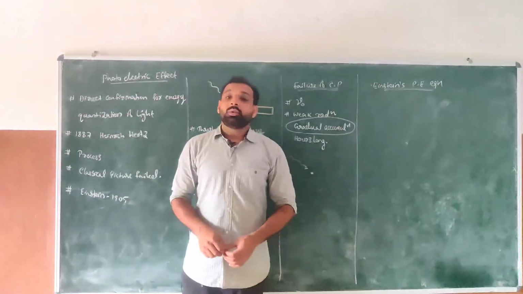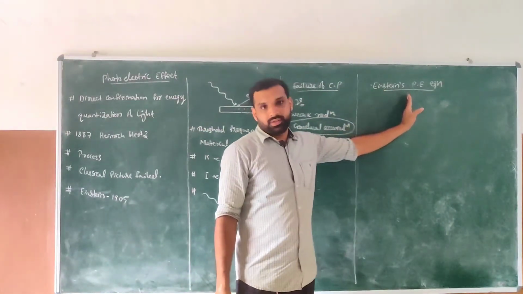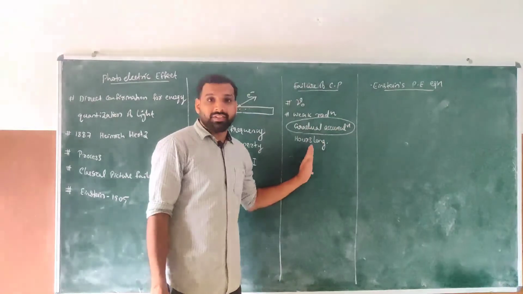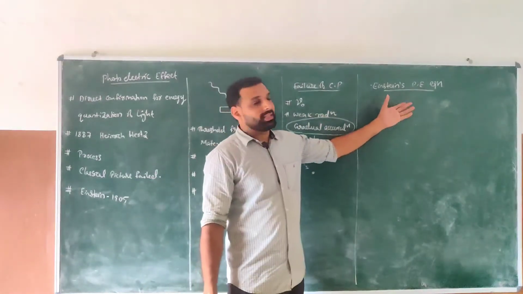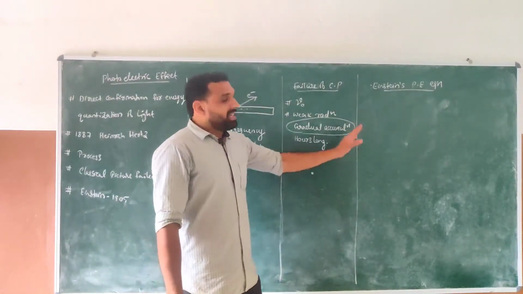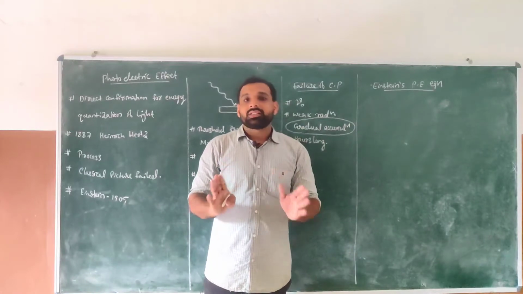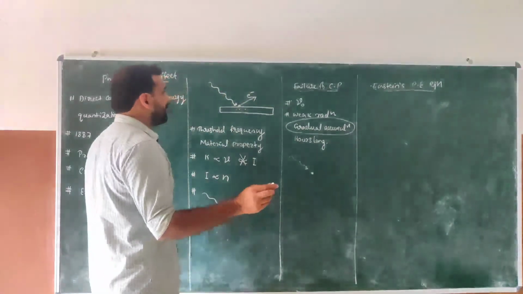Now let us discuss Einstein's photoelectric equation. When classical physics failed to explain the photoelectric effect, Einstein came to explain it. Einstein was inspired by Planck's quantization principle, which we discussed yesterday.